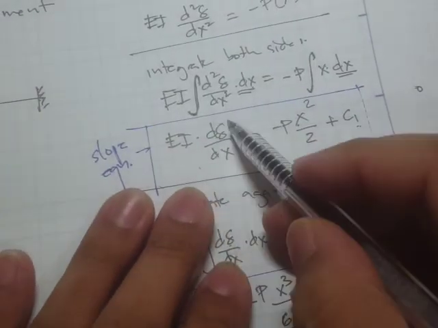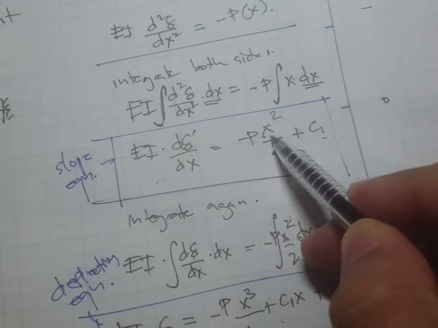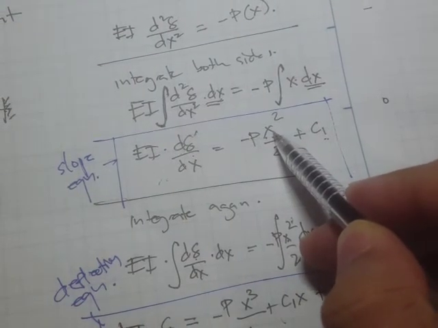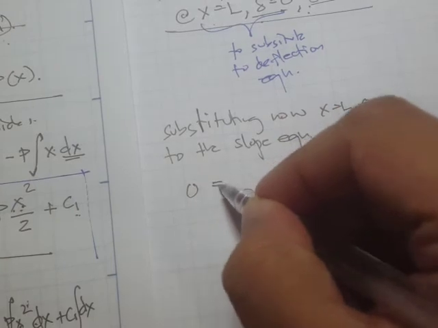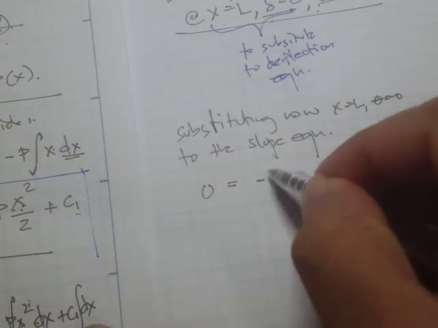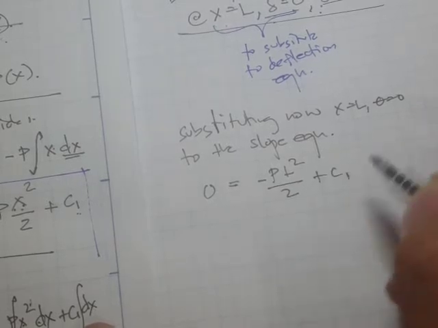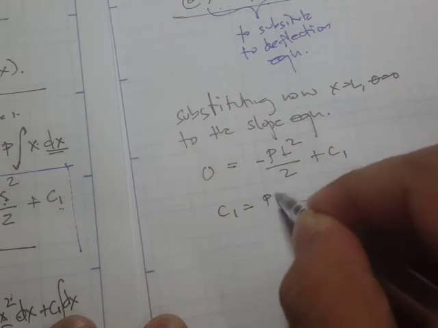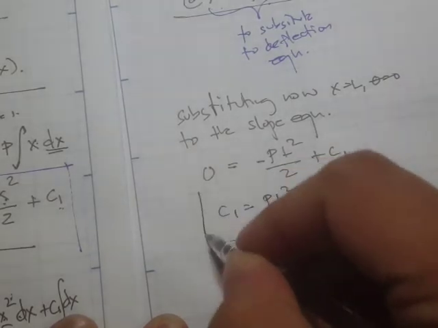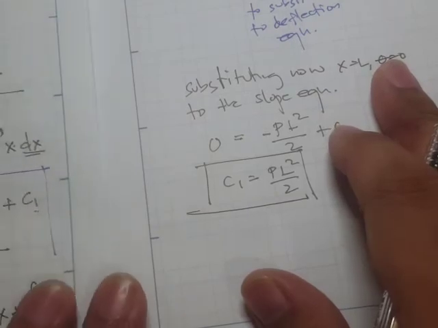This one will be 0 because the slope is 0, and this one will turn into L. So 0 is equal to minus P L squared all over 2 plus C sub 1. Therefore, C sub 1 is equal to P L squared all over 2. So that's our first arbitrary constant.